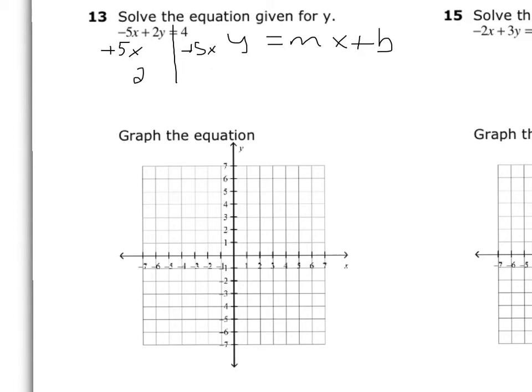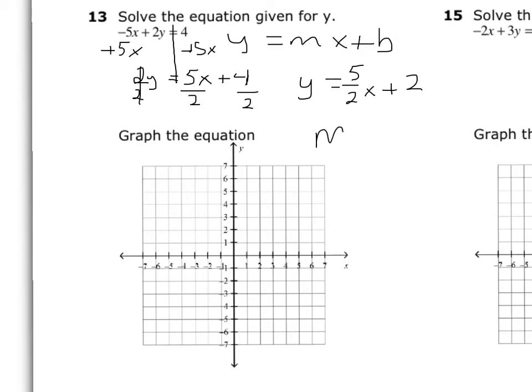And it leaves me with 2y equals 5x plus 4. And we will divide everything by 2. And that gives me 1y equals 5 halves x plus 2.